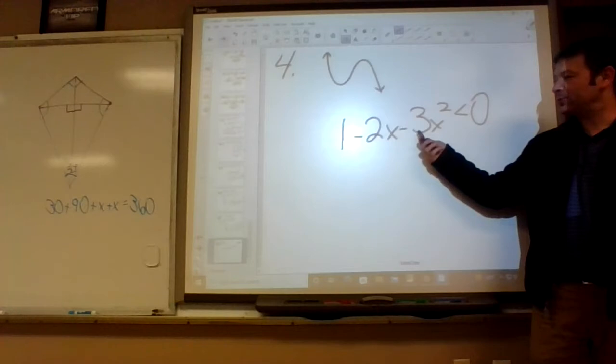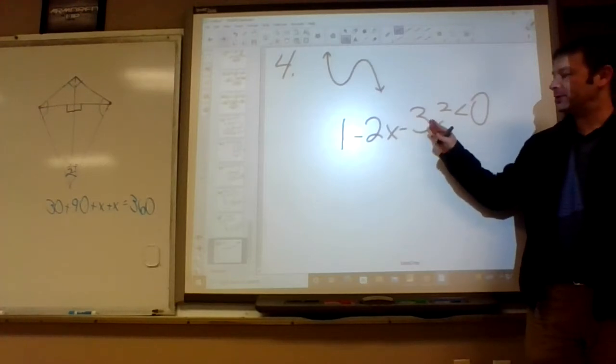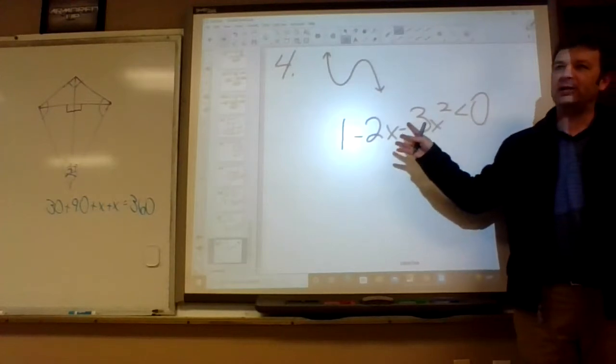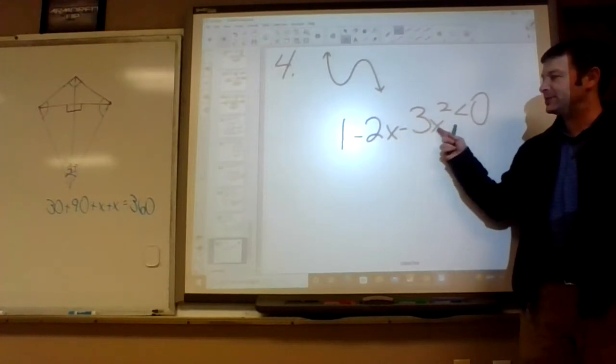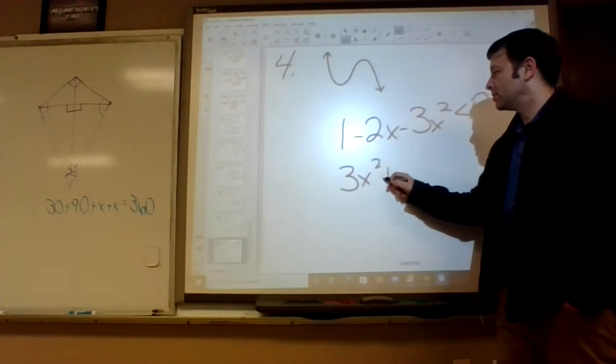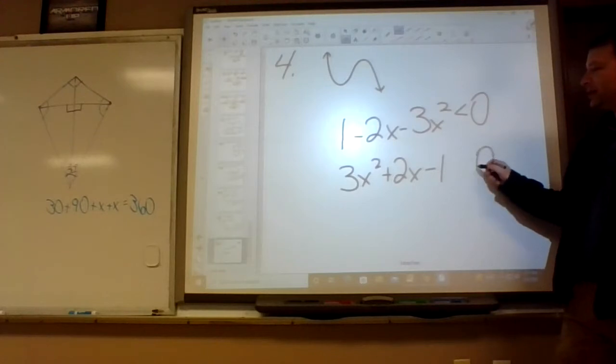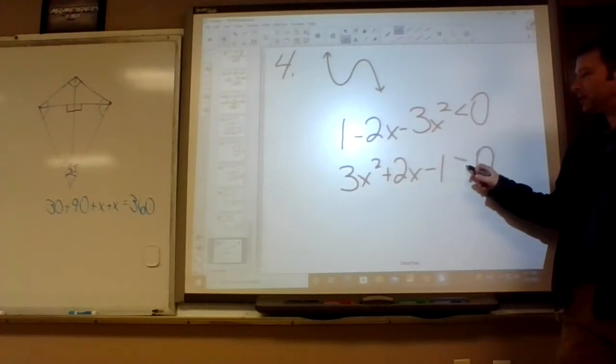The negative 3x squared. What I would do on this problem is multiply both sides by negative 1 to make sure that's positive, and I would also switch the order. But when you multiply or divide by negative 1, the inequality switches.